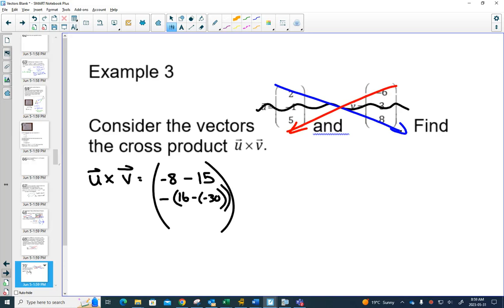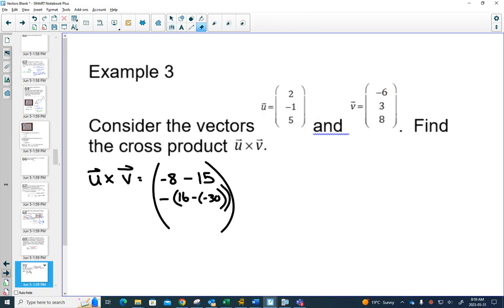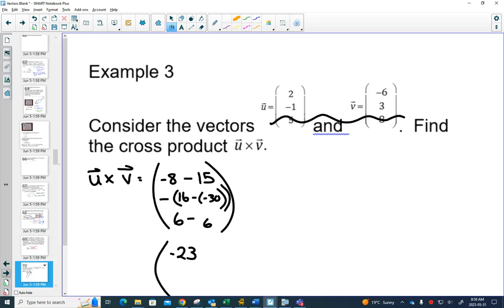And finally, I would ignore my last row and do the determinant 6 minus 6. So this simplifies to be negative 23, negative 46, and 0.